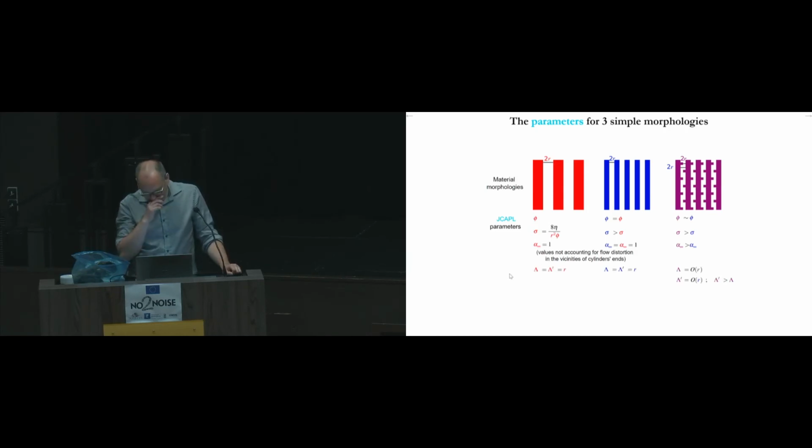For the viscous and thermal characteristic lengths, they are equal for straight cylindrical pores to the value of the radius of these pores. So we have these values, which are different between the red and the blue because we do not have the same radius. And for the violet structure, the value of the viscous characteristic length is related to the radius of the smallest pore, so between a chicane and the skeleton.